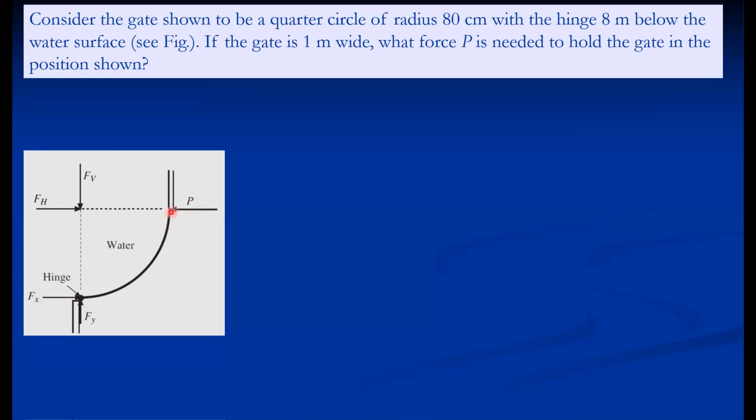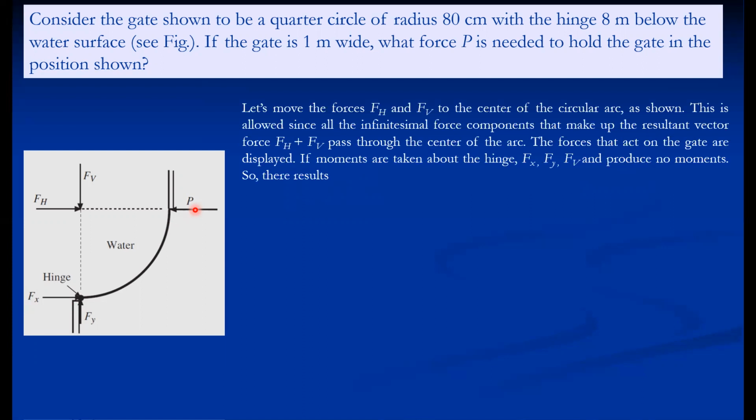So what force P is required to hold the gate as it is in the diagram, and also keep the gate closed? The hinge is provided at the bottom here. Because of the water pressure, the gate opens, and in order to keep the gate closed, some force is required at the opposite side. So that force needs to be calculated.